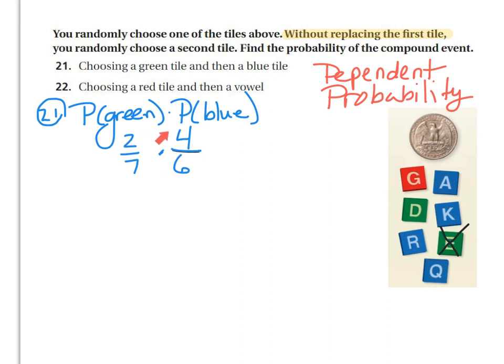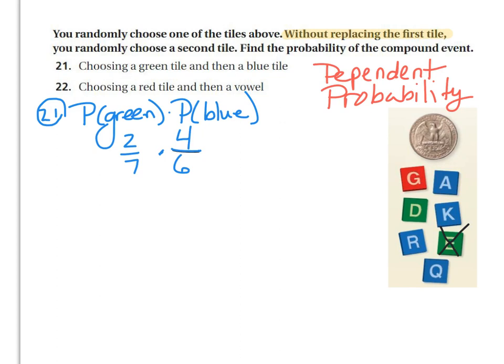The numerators are different because they're dealing with different colored tiles. The different colored tiles were green and blue. This is what was in the bag when you started, and this was what was in the bag after you pulled a green one out. This is what you had remaining for blue.